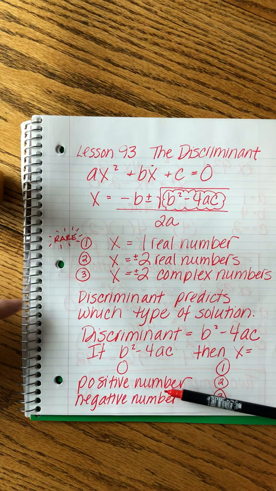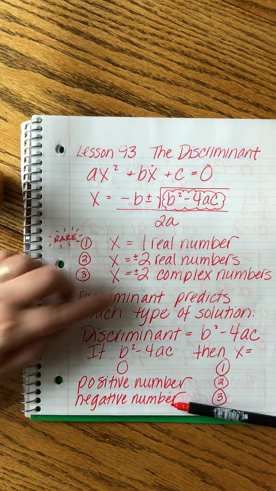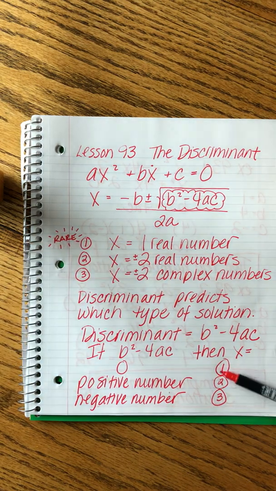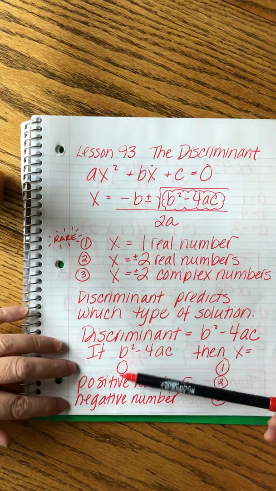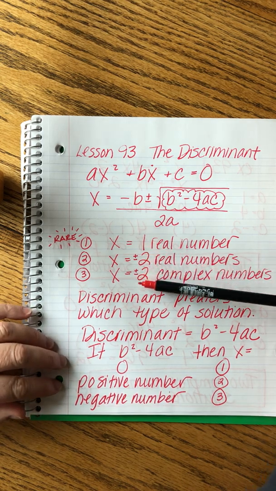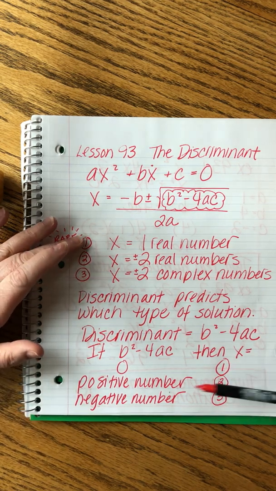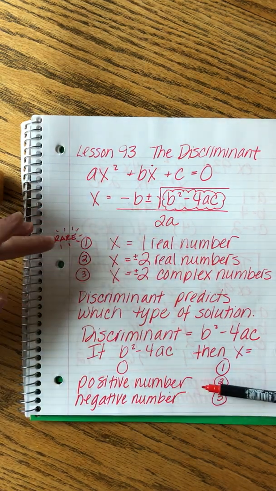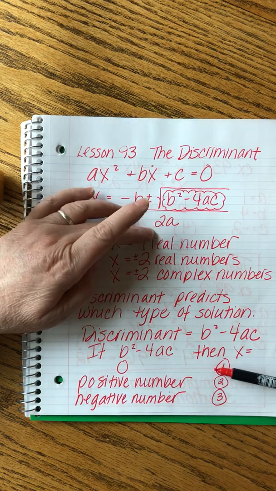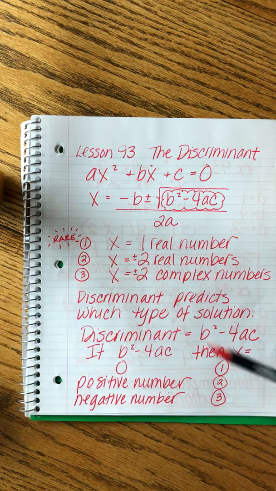If it's a positive number, it's 2 real number solutions. And if it's a negative number, it's complex, right? These help you link the value of the discriminant to the type of solution. So make sure you understand how these connect. Zero means 1. Positive means 2 real. Negative means 2 complex.